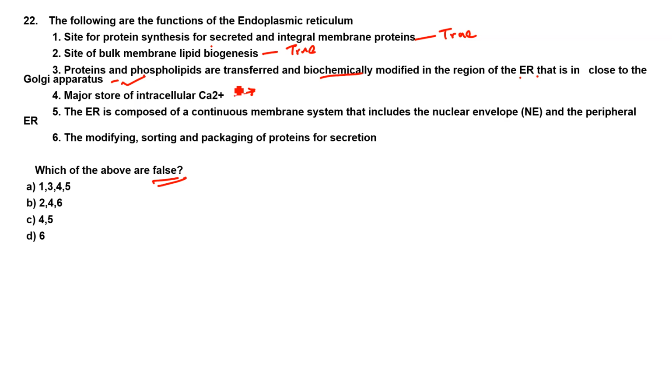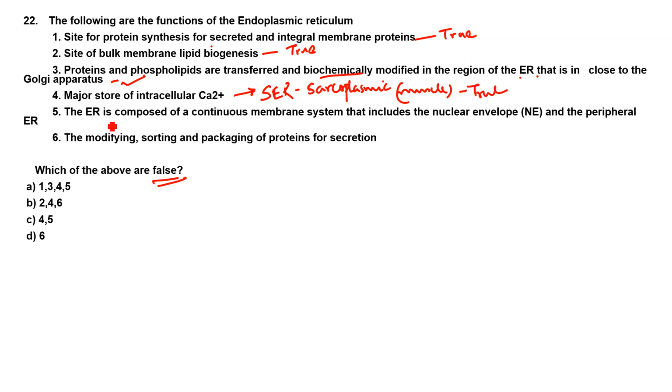In this chapter in class 12, we learned that the smooth endoplasmic reticulum is called sarcoplasmic reticulum, and these sarcoplasmic reticulum store calcium. So these are actually modified endoplasmic reticulum which store calcium in the muscle, which is useful for muscle contraction. So this statement is also true.